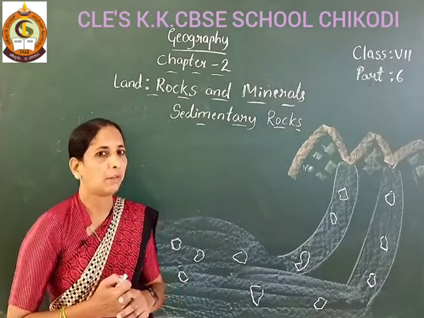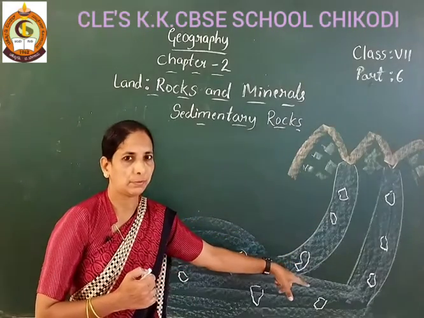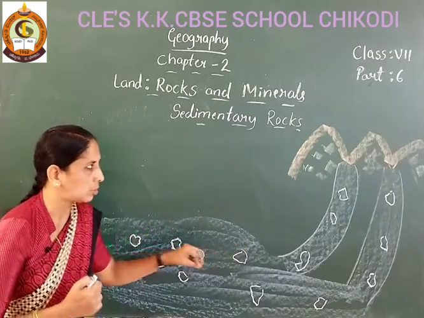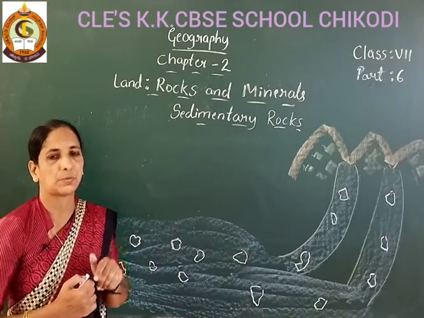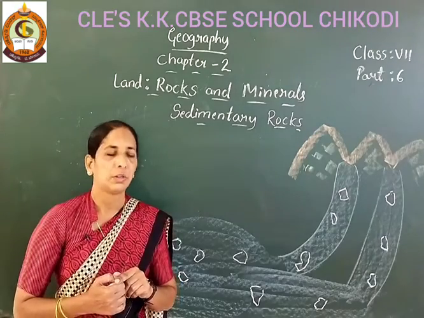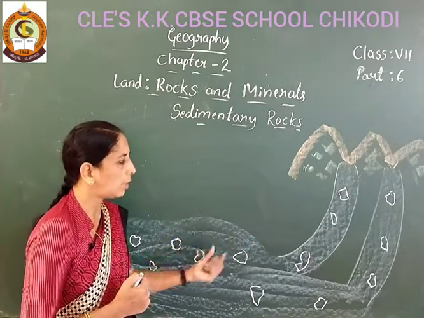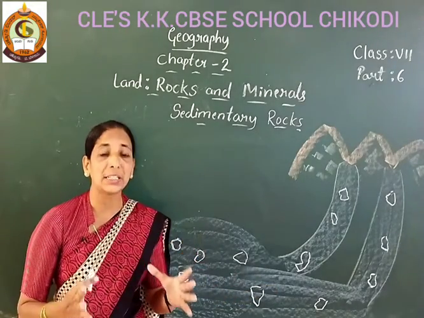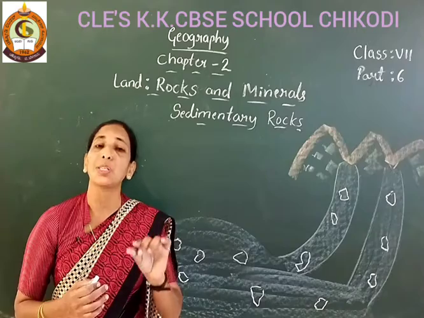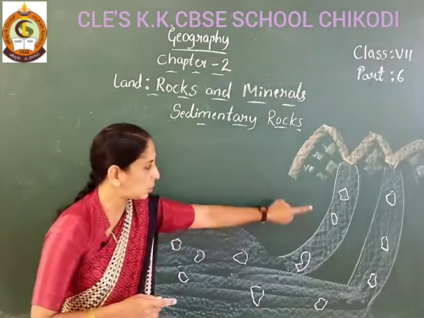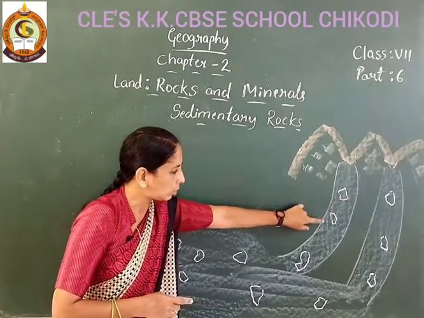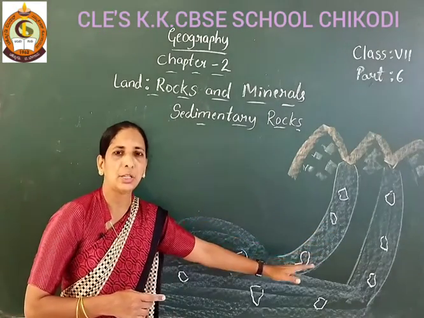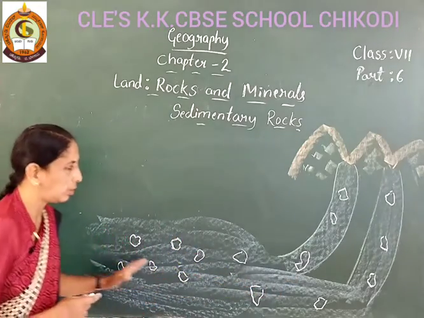Afterwards, when rain falls, the rivers flow down from the mountains. When a river flows, it carries small pieces of rocks and soil. See here, students, the rocks and some soil are flowing in the river.